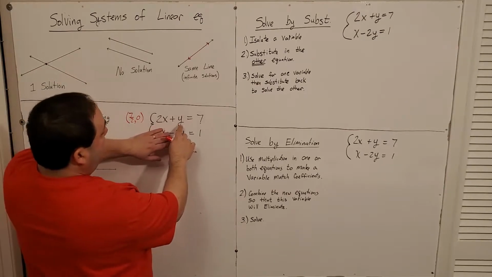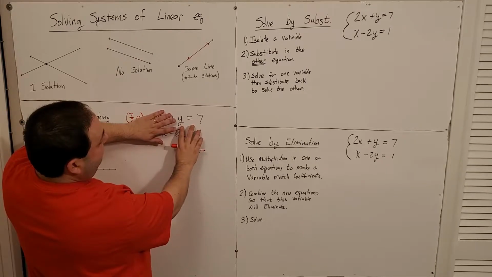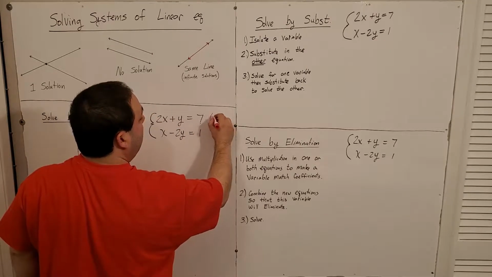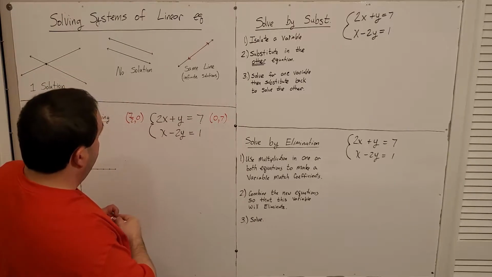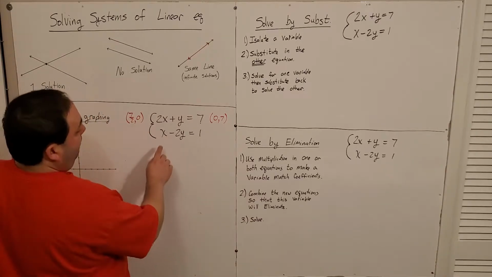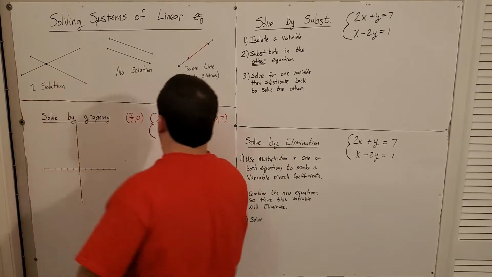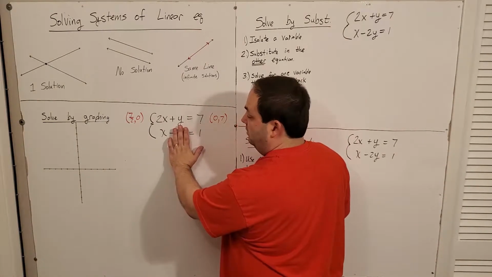What about the y-intercept? If I let x be 0, notice I get y equals 7. So I'll have 0, 7 for that intercept. Okay? Let's take a look at the second equation here. For my x-intercept, if I do that cover-up method here, right, I'll have x equals 1.